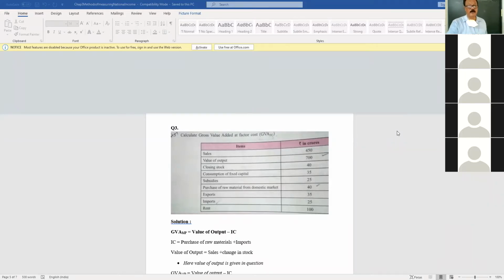But when the purchase is from a domestic market, we will add our imports to this. So here, purchase of raw materials plus imports will give us IC. Please make a note there.